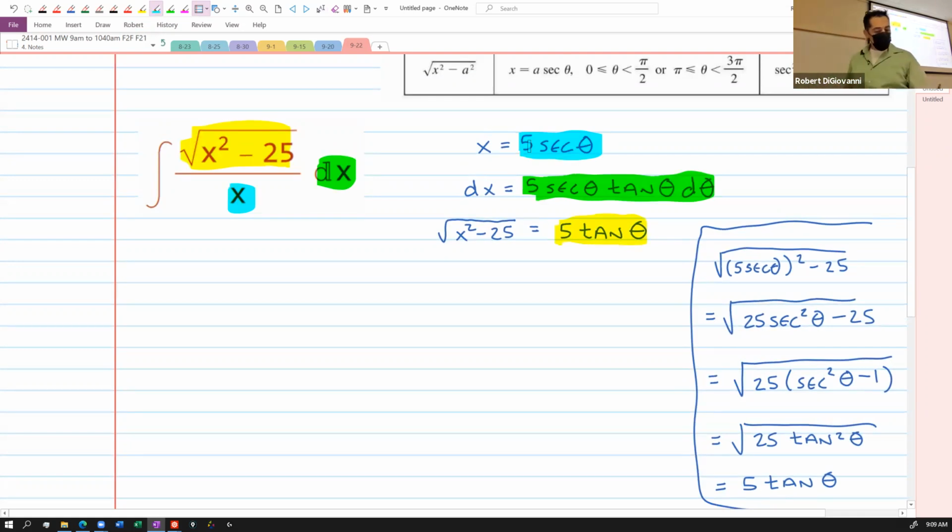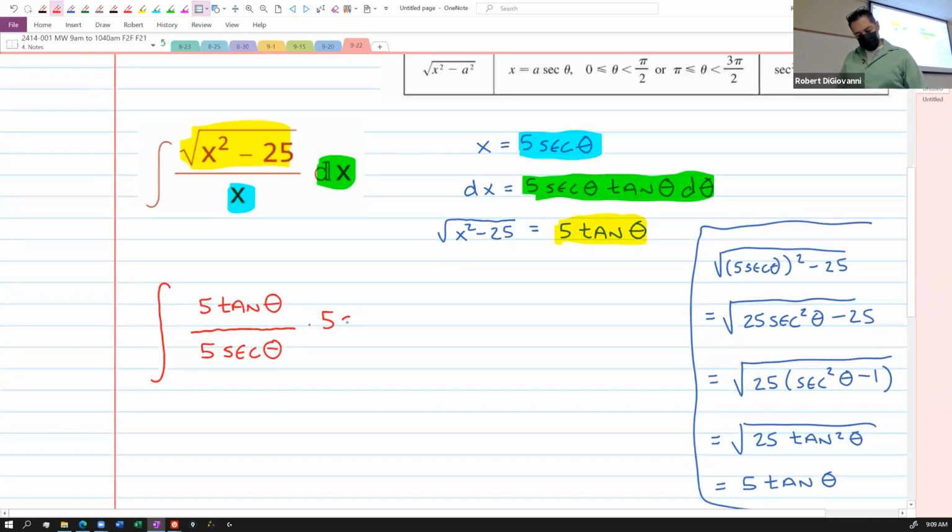So I'm just going to replace everything now, and this will be a trig integral. The numerator is 5 tan theta. The denominator is x, which is 5 secant theta. And then the dx was 5 secant theta tangent theta d theta.